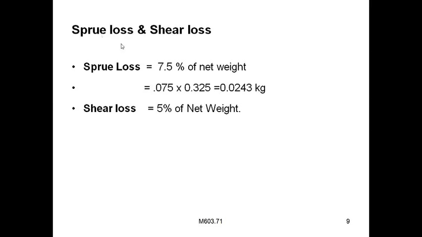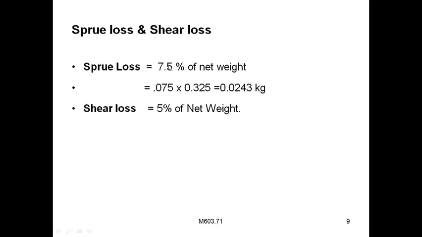Now you come back to the sprue loss and shear losses. Sprue means the material held between the die and the tongue. Normally it is 7.5% of the net weight. So here is an assumption: you can consider the sprue loss and the scale loss as 7.5. In that case also we considered 7.5 for scale losses, and the sprue losses are also 7.5.